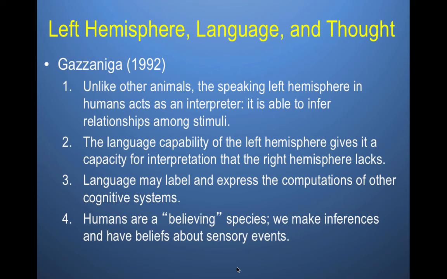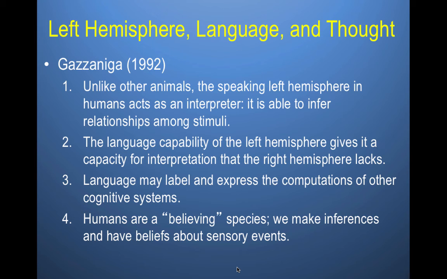And this also functions because language is fundamentally built to assign labels, to categorize, and this also underlies our ability to infer relationships. The language capacity of the left hemisphere gives a capacity for interpretation that the right hemisphere lacks. So it is through words that we're able to interpret and communicate what we interpret to other individuals.